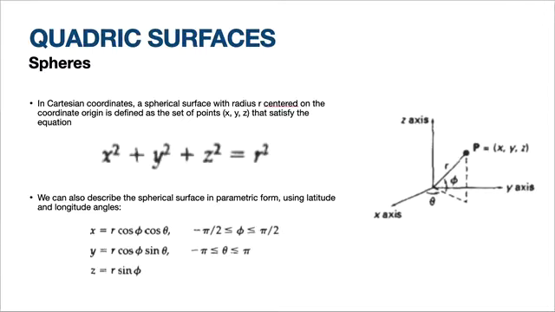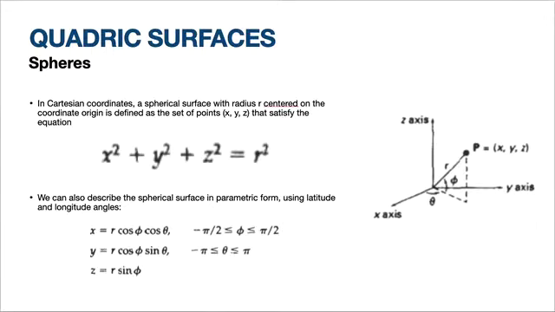Sphere in Cartesian coordinates: a spherical surface with radius r centered on the coordinate origin is defined as the set of points x, y, z that satisfies the equation x square plus y square plus z square equal to r square.